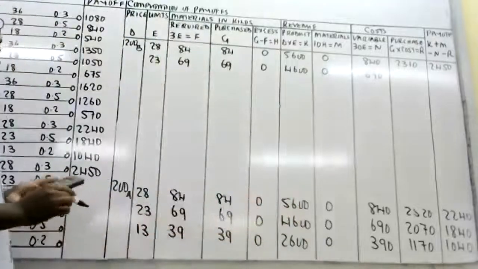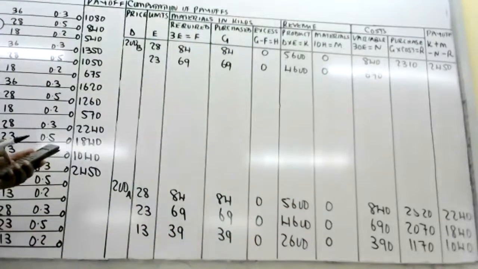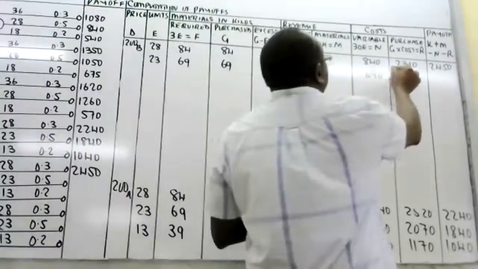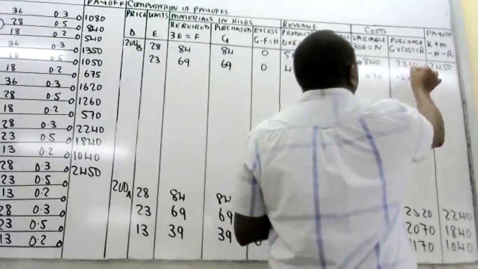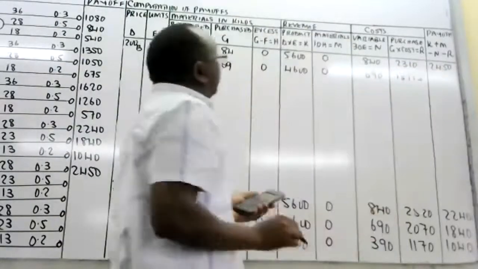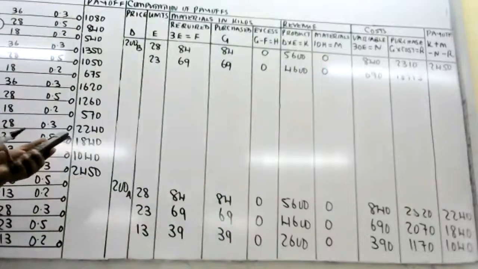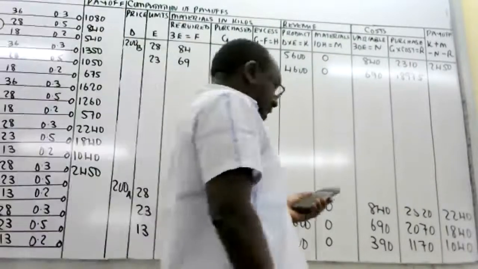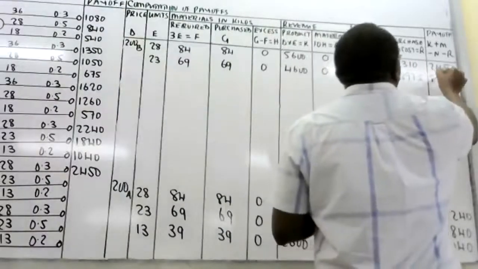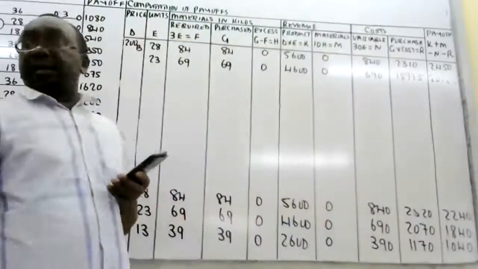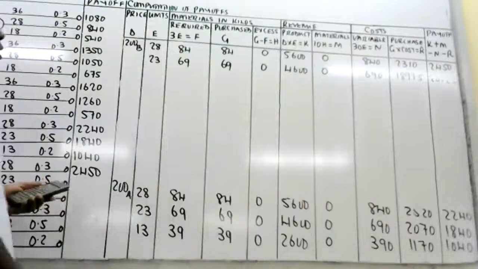The purchase is 69 times 27.5, 1597.5. So if that is true, I have 4,600 minus 690 minus my answer there. I get 2012.5. Is that so? Okay.